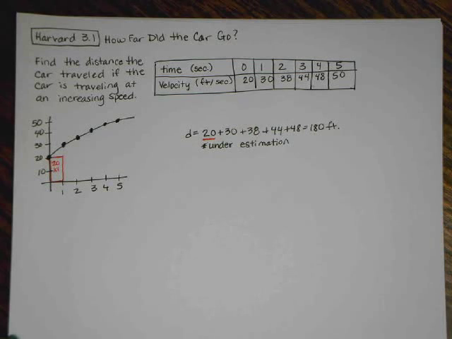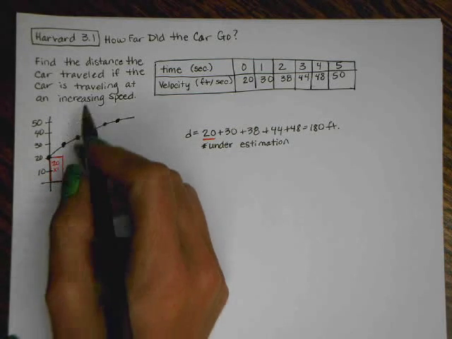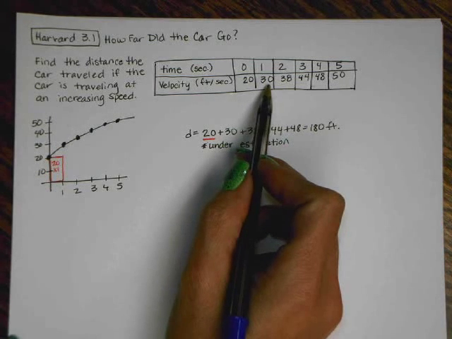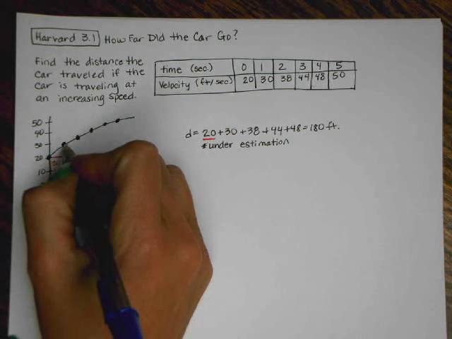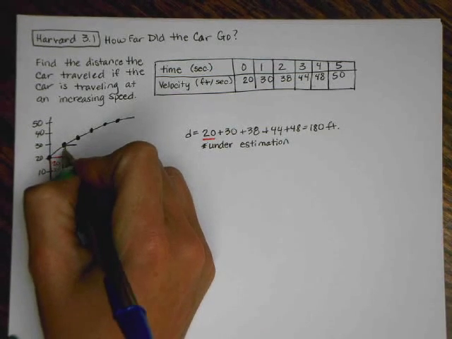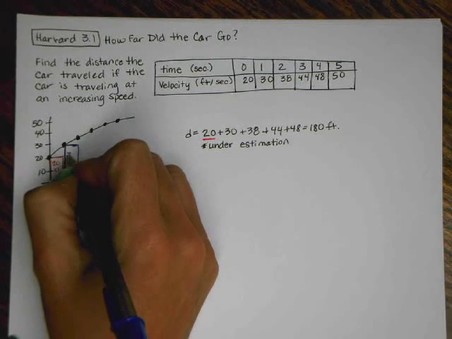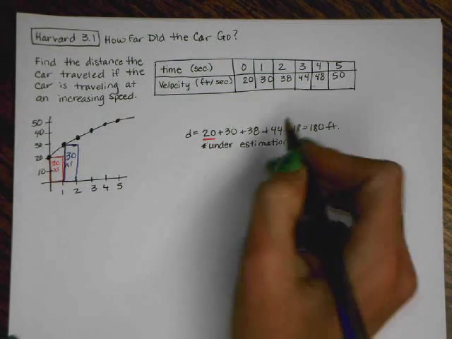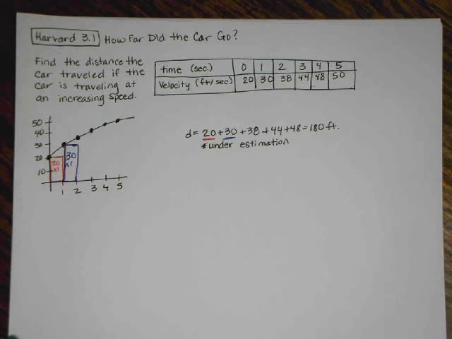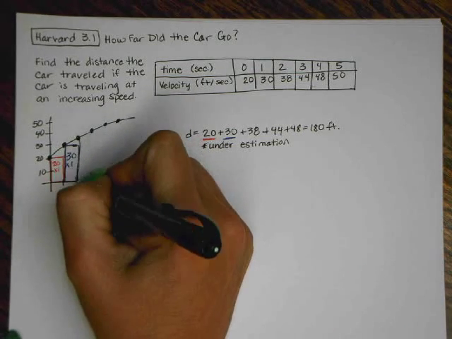Alright, now let's look from 1 to 2. From 1 to 2, I said that they traveled a minimum of 30 feet. So if I go across 30 feet, I can make another rectangle. Find the area of that, and it turns out it's 30 times 1, which, no coincidence, is the same as that number there. And I'm going to follow this method all the way across the rectangles.